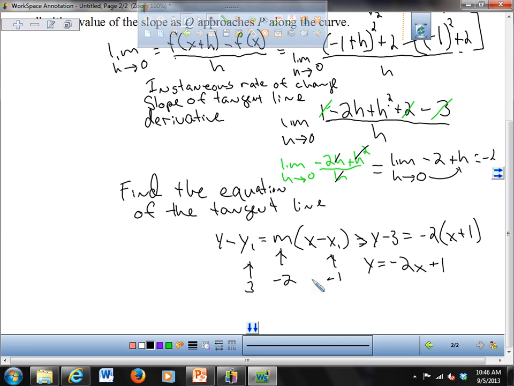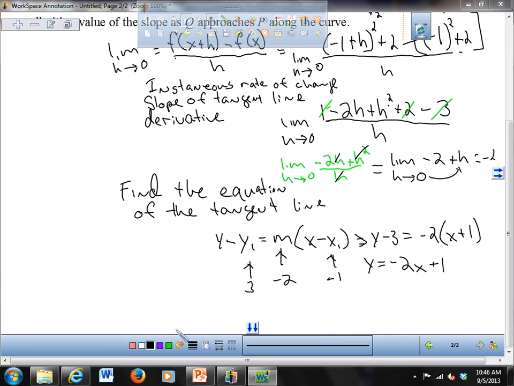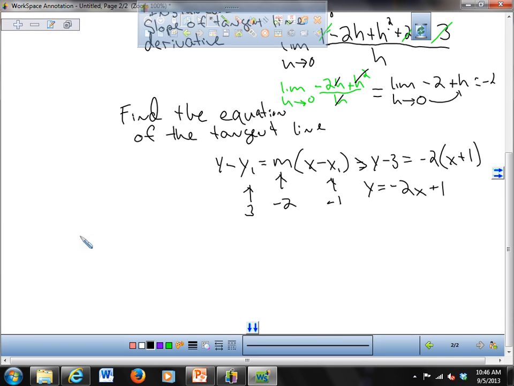Okay. Then you have something else called the normal line. They'll ask you to find the equation of the normal line. This is really easy, you just have to know what normal means.